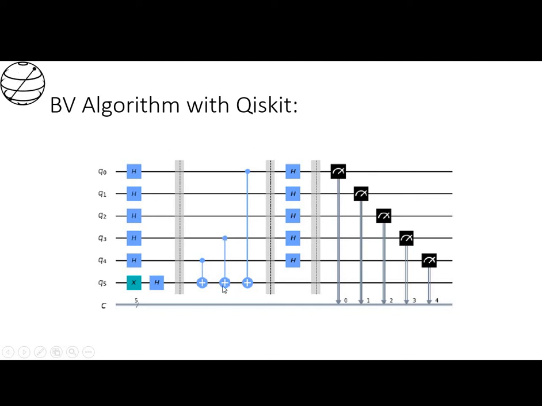So the CNOT gate actually gives us 1, and those that are blank do not provide us anything. So I get 1 1 0 0 1. What I have hidden, I have already got back from the Bernstein-Vazirani algorithm.